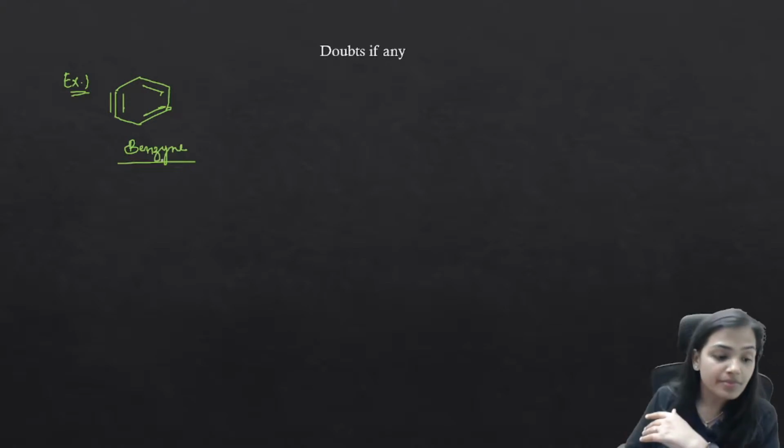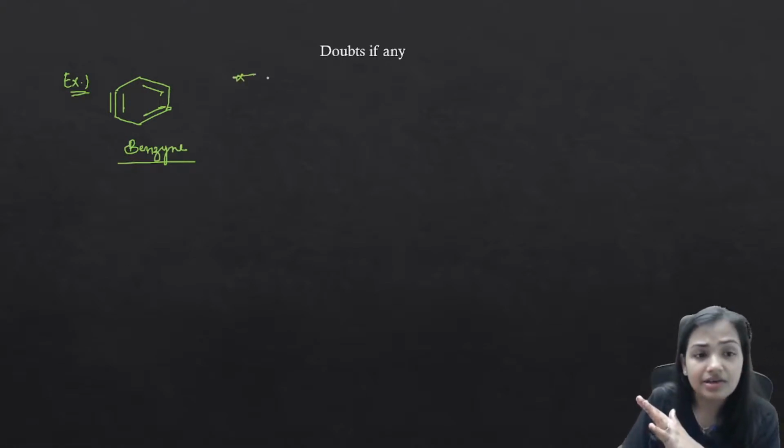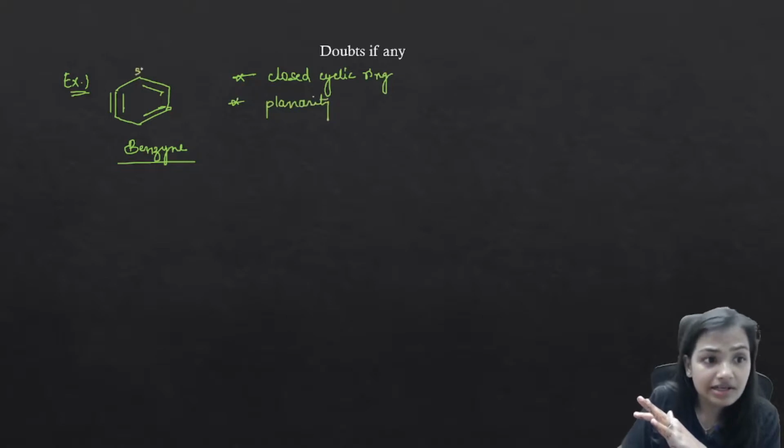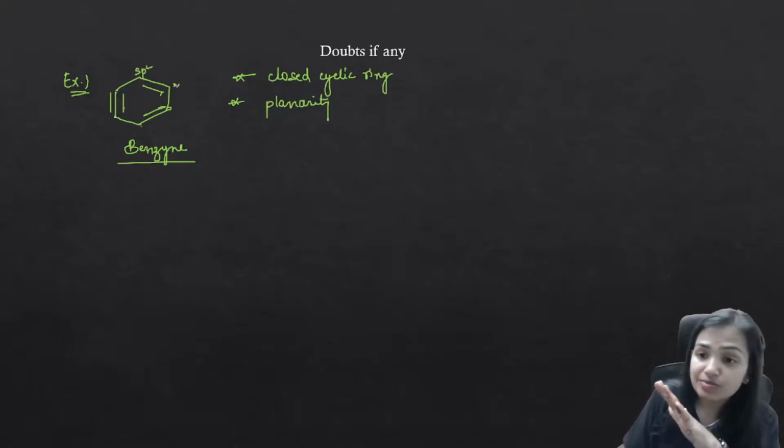Now guys, you can simply see that this has a closed cyclic ring. If you have to check the planarity, you can see that there is planarity. How? These carbons are sp2, sp2, sp2. Guys, this is planar, right?